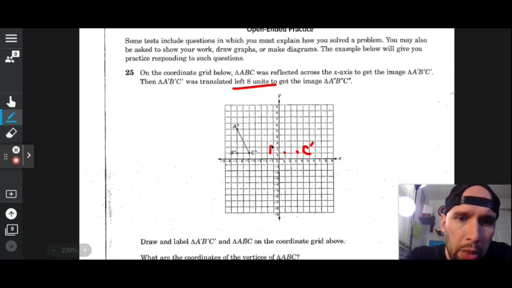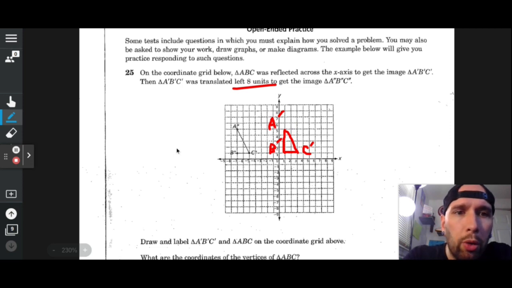And that's B prime. 1, 2, 3, 4, 5, 6, 7, 8. And that's A prime. Tricky. Pretty sneaky, sis. It's from a movie. I don't remember which one.